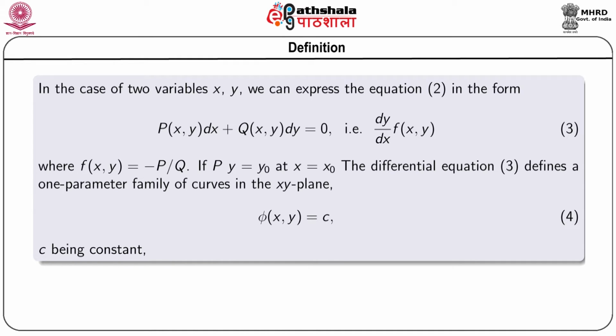So, the general solution of equation 3 can be considered as a one parameter family of curves in the xy plane, which is given by phi(x,y) = c, where c is a constant.